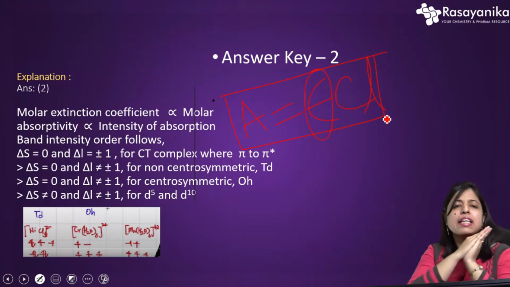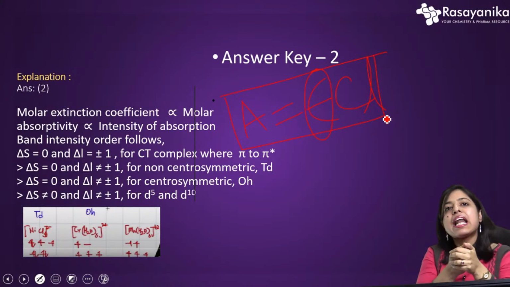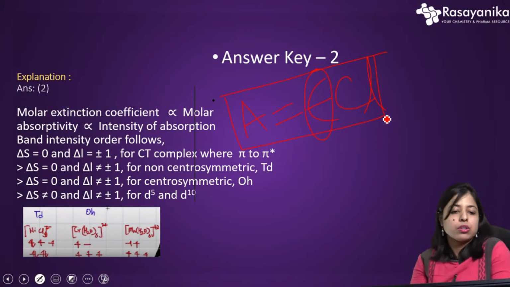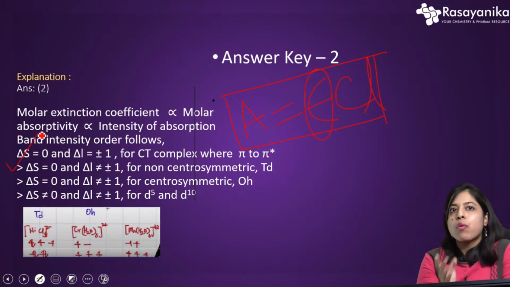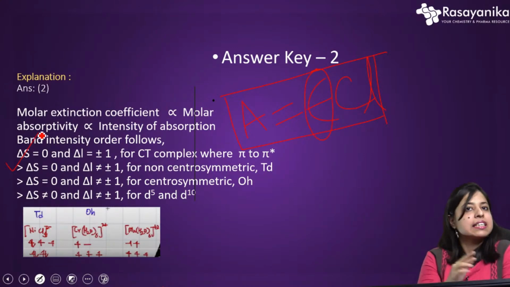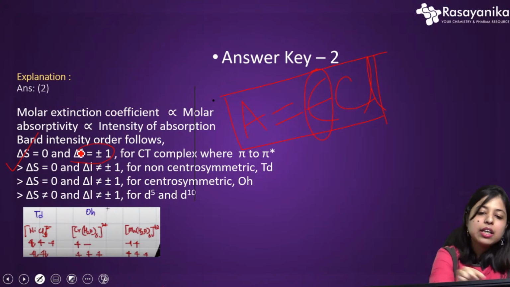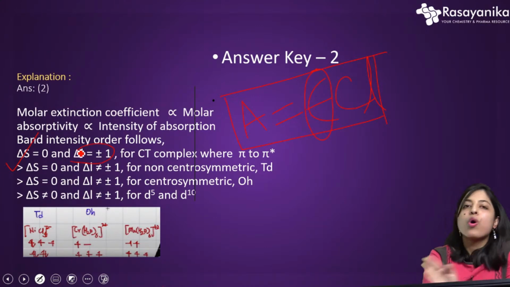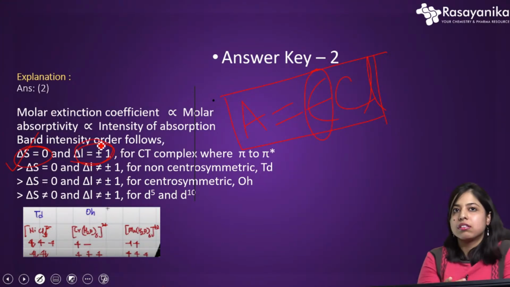So what is the basic rule? We know all about the transition, that is, whether the transition is spin allowed or Laporte allowed or not. Our important rules: if our complex has a spin allowed transition, that is delta S equals 0, and also Laporte allowed, that is delta L equals plus minus 1, then if both are allowed, the intensity of the band will be maximum.